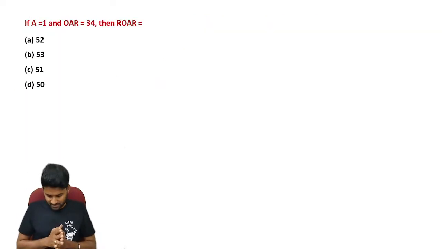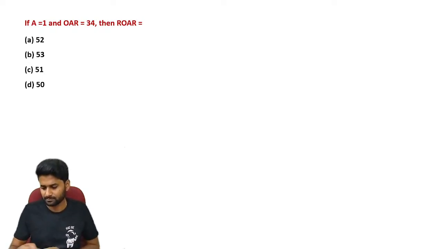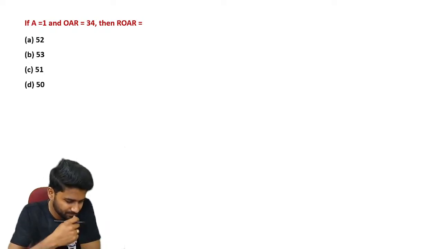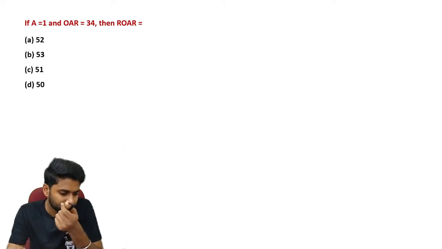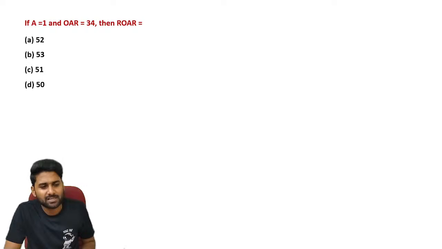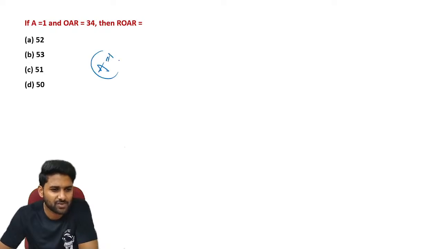Next, let's see this question. One more question from coding and decoding. Now see here, A is equal to 1, OAR is equal to 34, ROAR represents what? A is 1 is all about the alphabetical position, right?